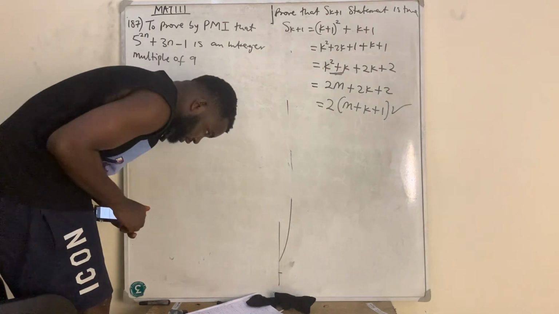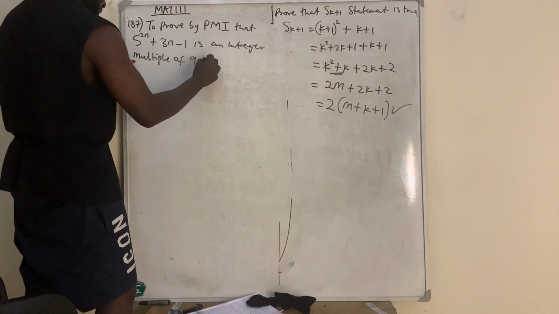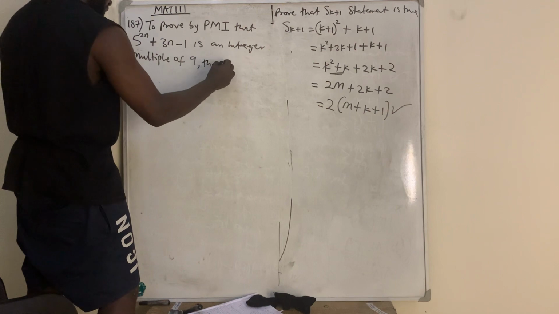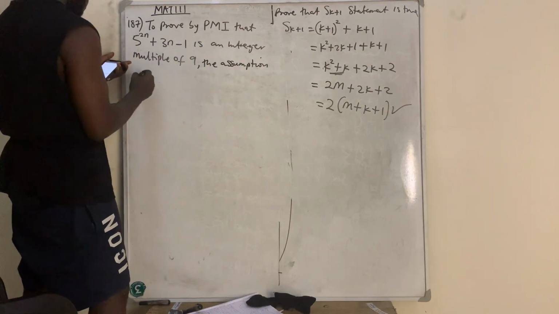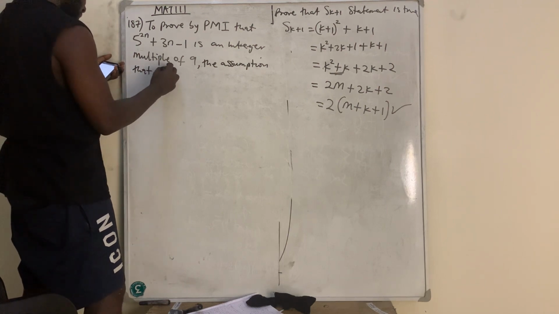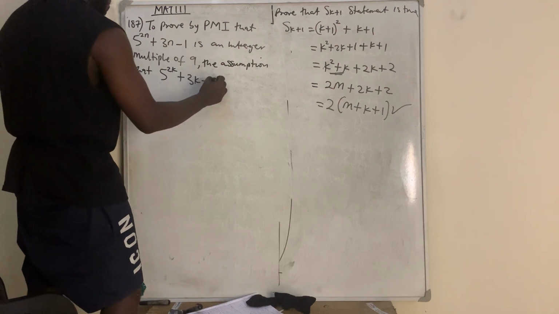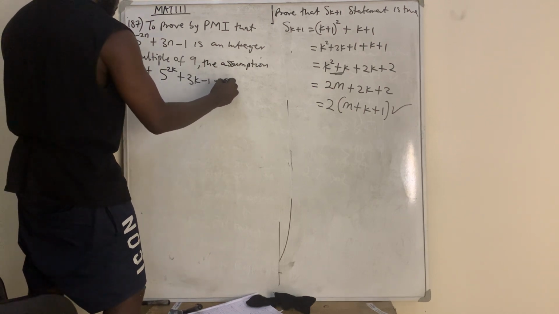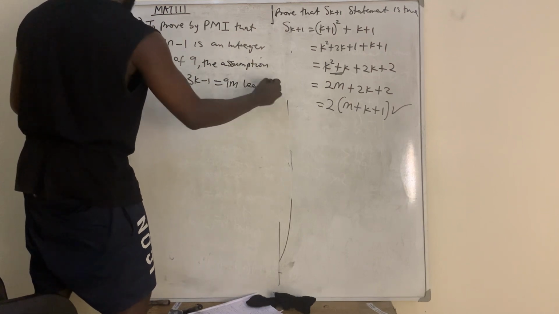Okay, the assumption that 5 raised to power 2k plus 3k minus 1, which is equal to 9m, leads to.